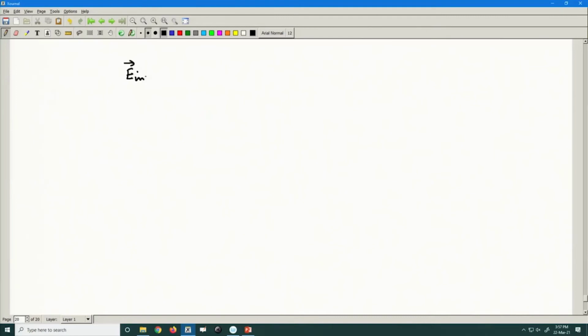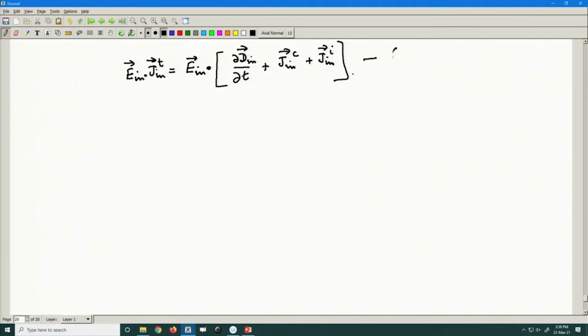So, E in dot J in t, we will just substitute J in t: the displacement current, the conduction current, and the impulse current. That is using equation 14.